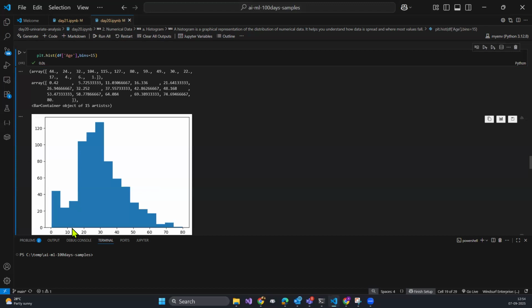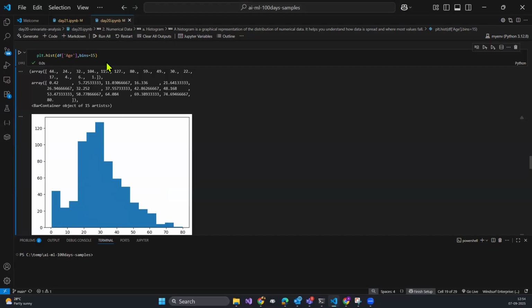If I am making it very granular, for example, if I say my bin size is 15, it will be covering a smaller age group. And in that, 1, 2, 3, 4, 5, 6, 7, 8, 9, 10, 11, 12, 13, 14, 15.